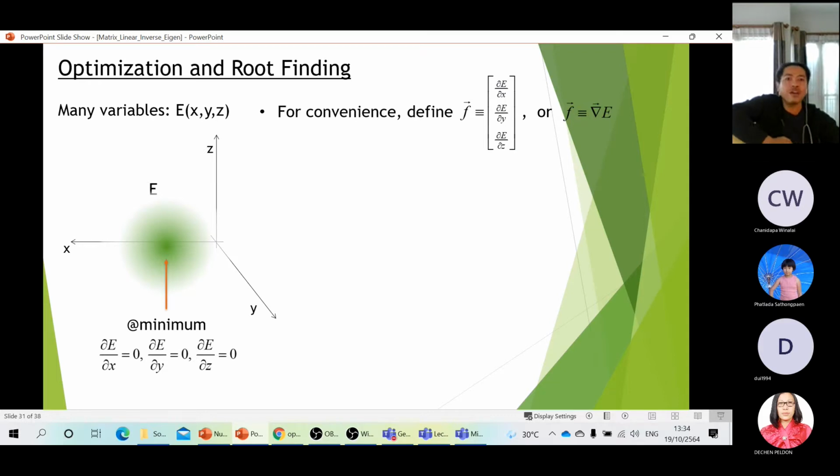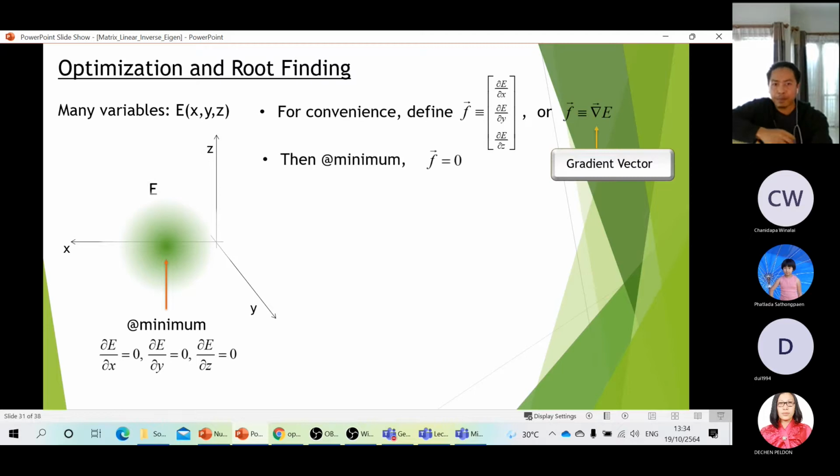So we define f as the gradient of the E value. And at the minimum, we can rewrite this equation in a very compact form: the vector f is 0. Now we go back to the previous root finding problem, but for 3 unknowns.